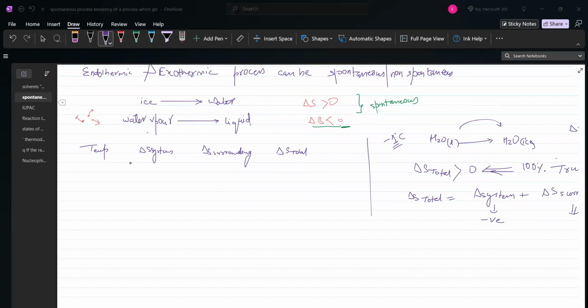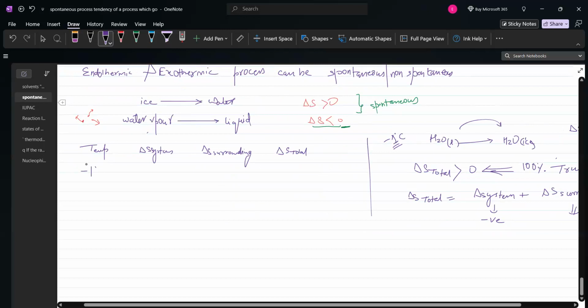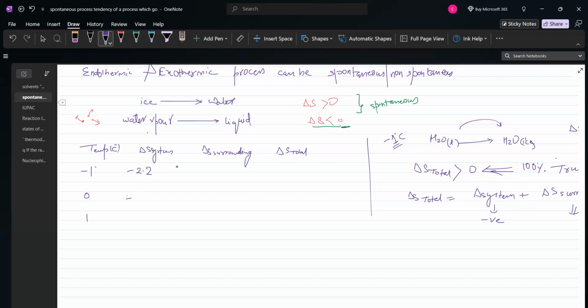Let's confirm with some data, so you can observe with your eyes. The temperature is in degrees Celsius. Let's check at -1 degree, 0 degree, and 1 degree. Delta S of system here is negative 2.2. At -1 degree Celsius, delta S of system is negative, so we are confirming that.